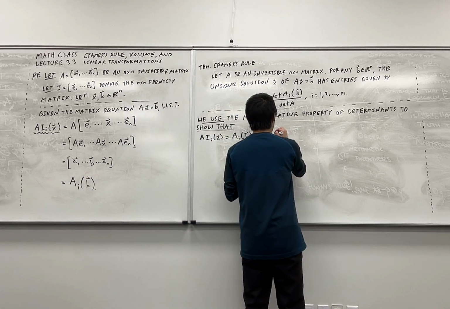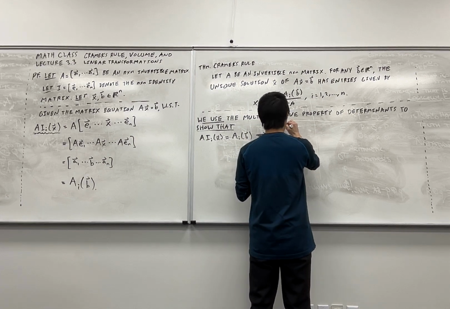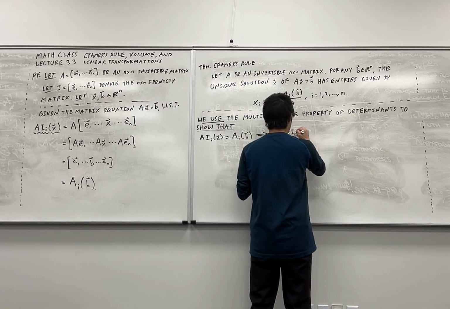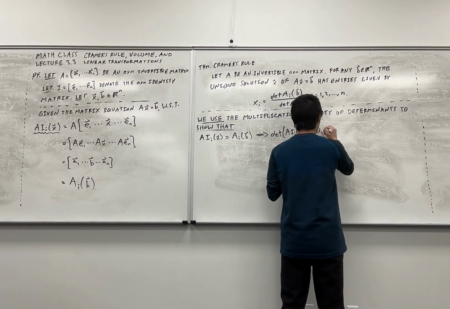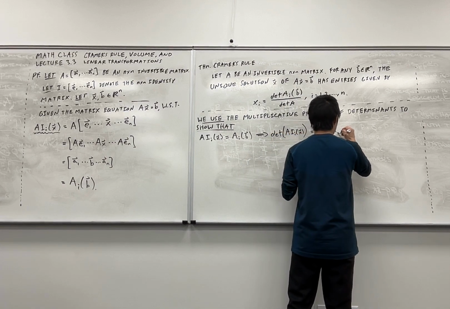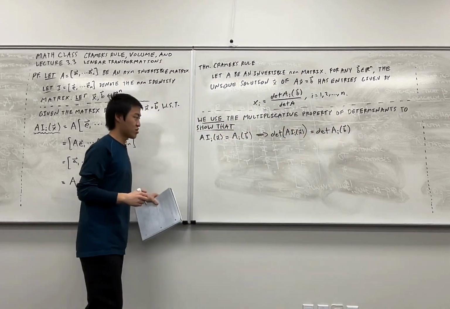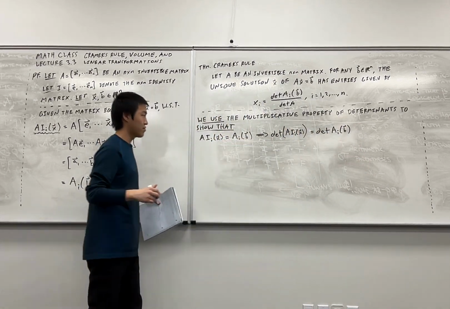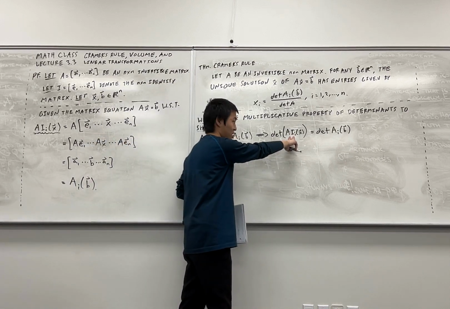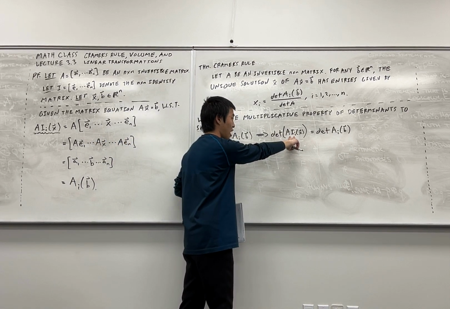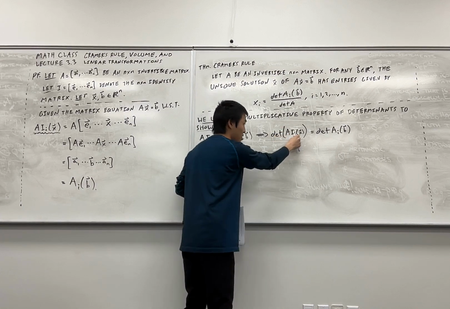That's going to imply, so I'm going to take the determinant of both sides. The determinant of A times I sub I of x is equal to the determinant of A sub I of b. So I take the determinant of both sides, that's all I've done. But the property is telling me that if I've multiplied two matrices together, then I can take the determinant of A separately and multiply by the determinant of the second one.